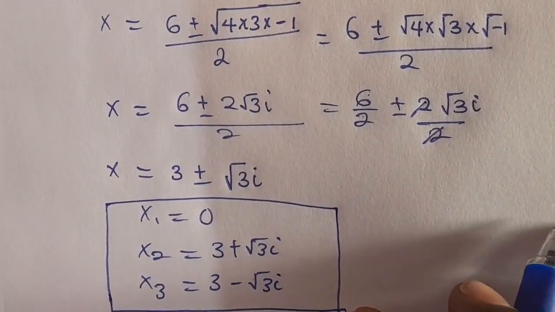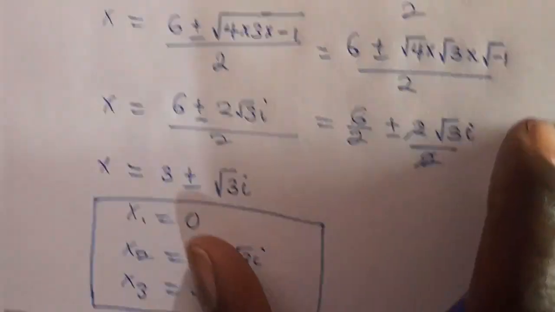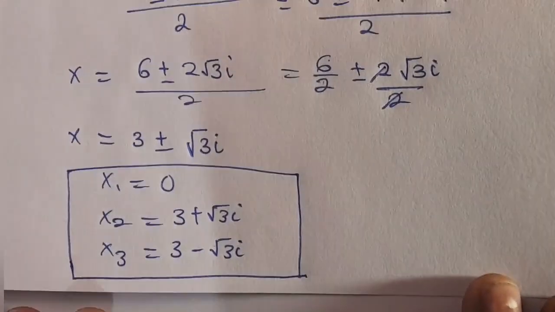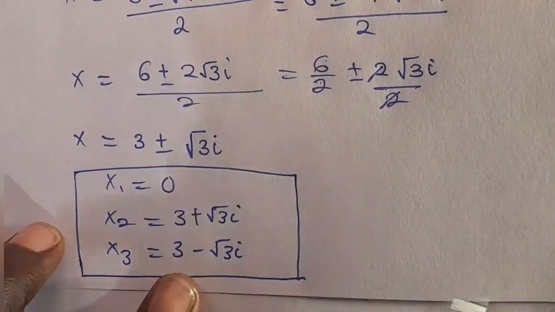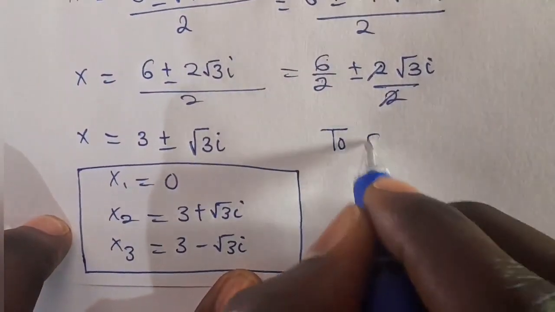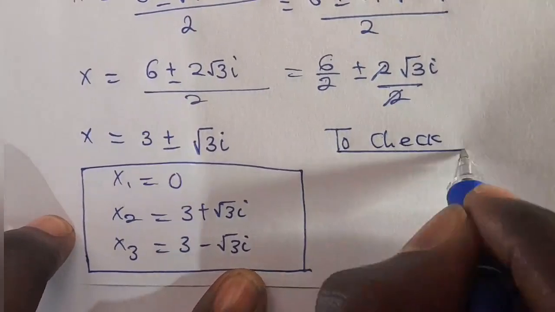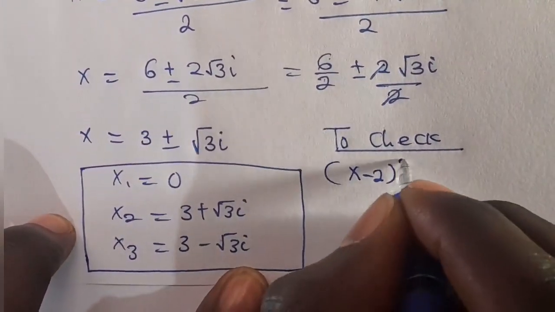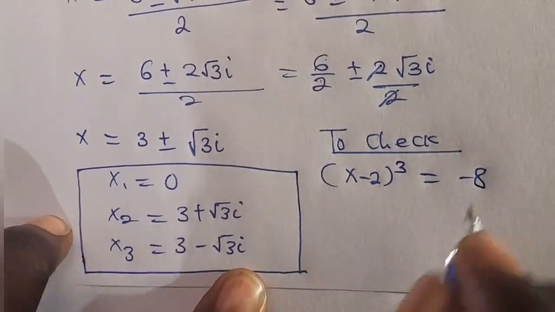Now to check, we have (x minus 2) all raised to power 3 equals minus 8.